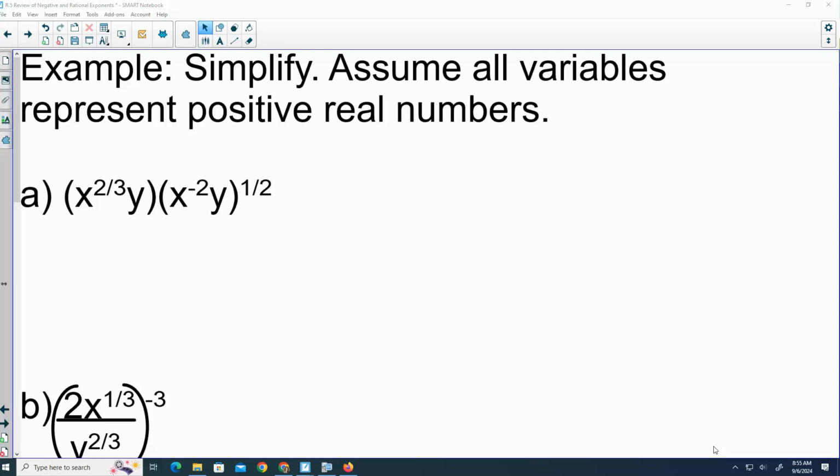We need to take our exponent through, so we will start there. So my first parenthesis will just stay the same. Okay, this is like a y to the first. When you bring that 1/2 through, what are you doing with your exponent?